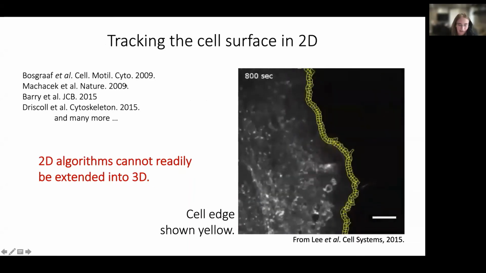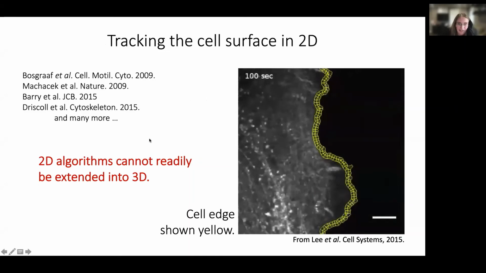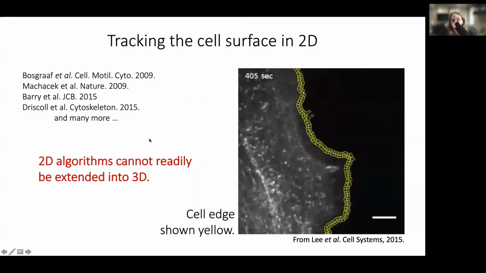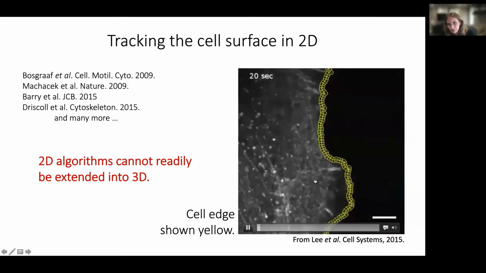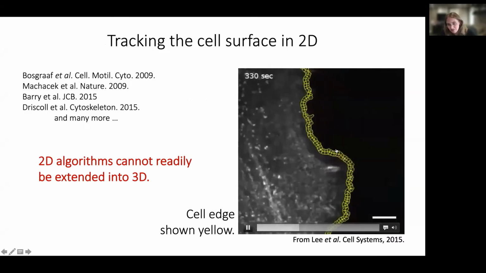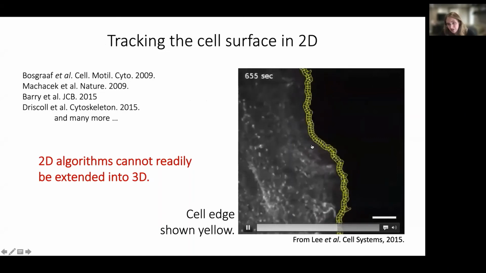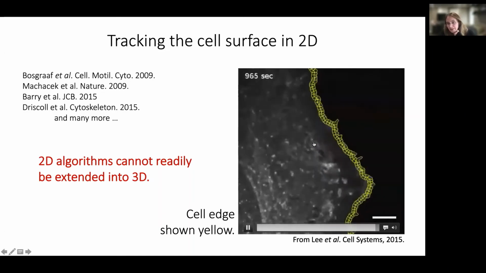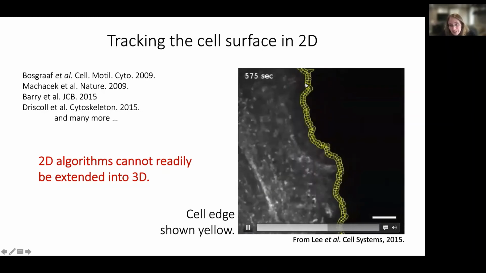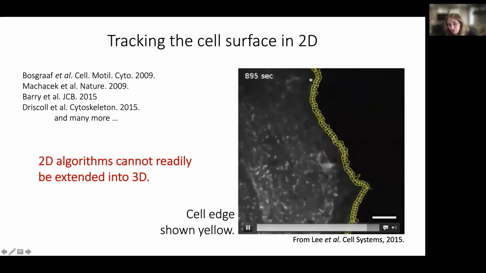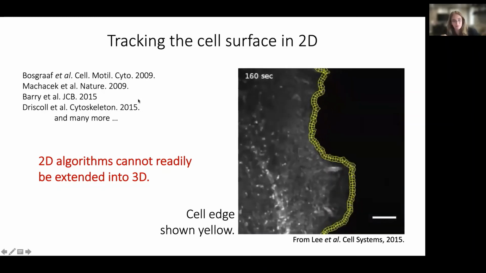So there's an entire series of papers, sort of a mini literature in itself, of algorithms to track the cell surface in 2D, right? So here we're tracking, you find the edge of the cell surface, and then you also find how particular regions of the cell surface move. So say where does that part of the cell surface move from frame to frame?